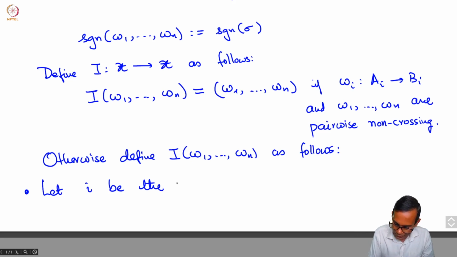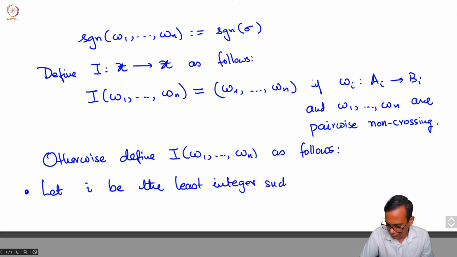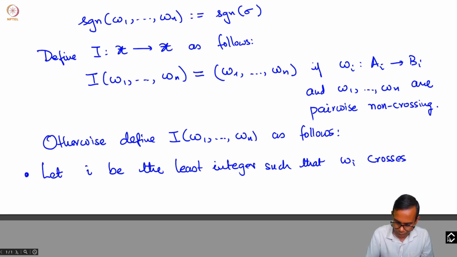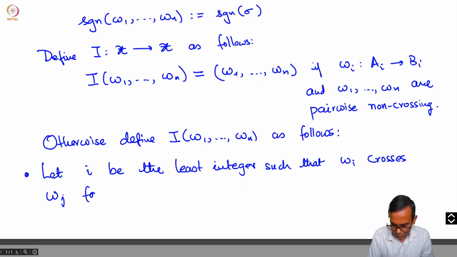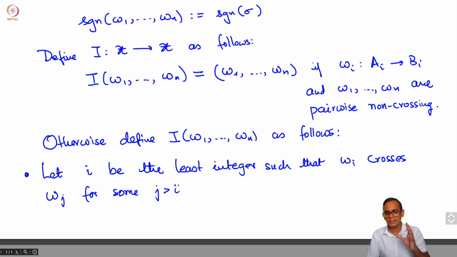So let i be the least integer such that omega_i crosses omega_j for some j greater than i. So you look for the first path that crosses another path.